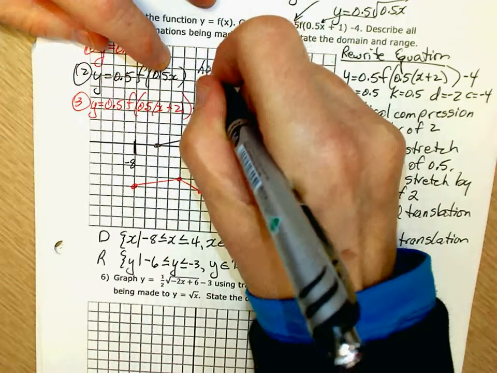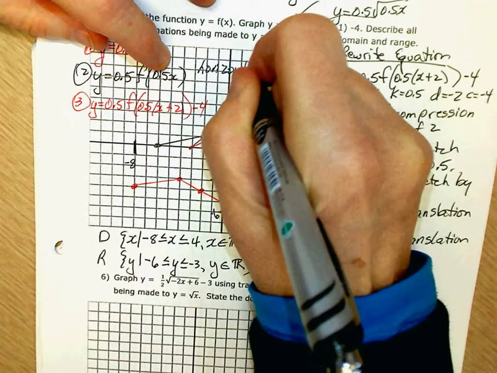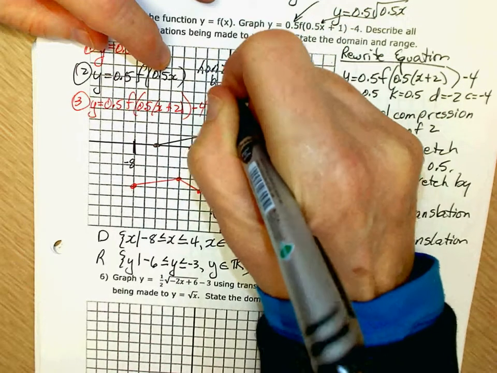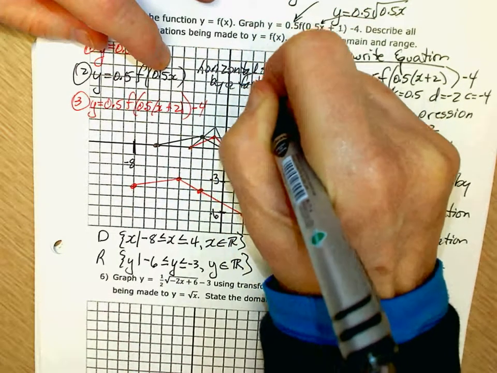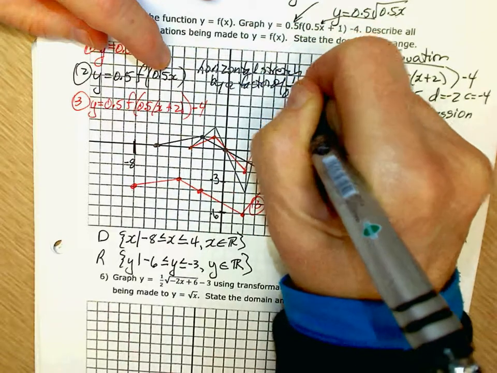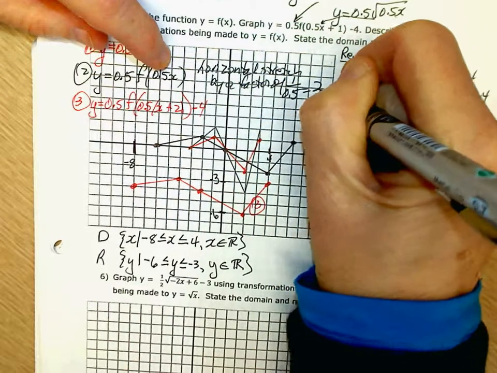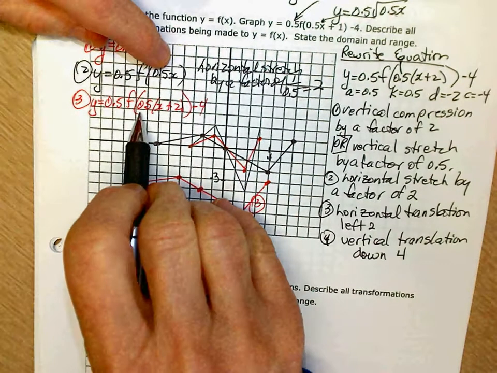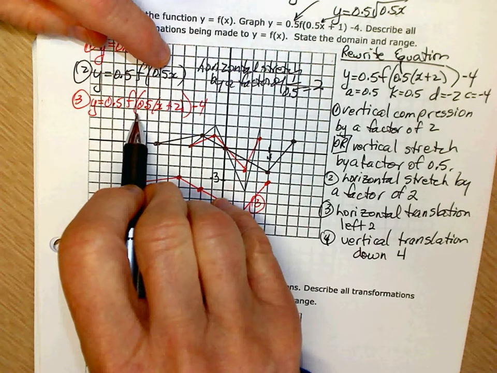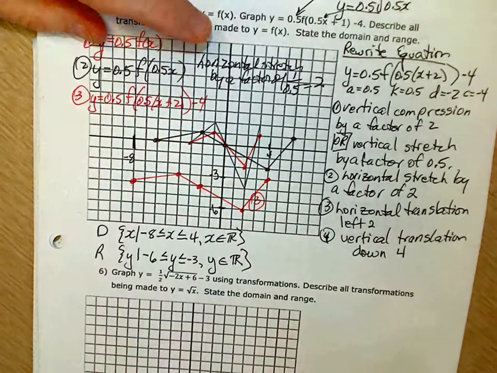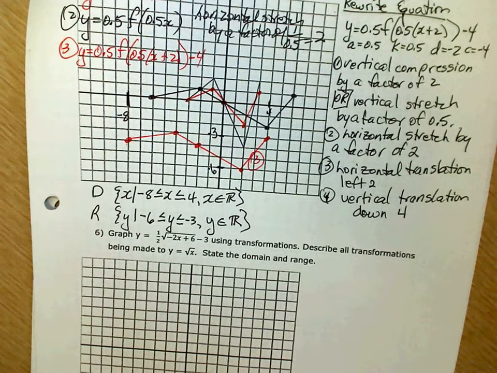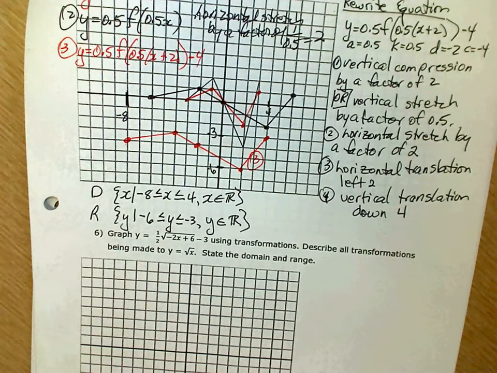Horizontal stretch by a factor of 1 over 0.5, which is 2. Think of x as disobedient. Okay?